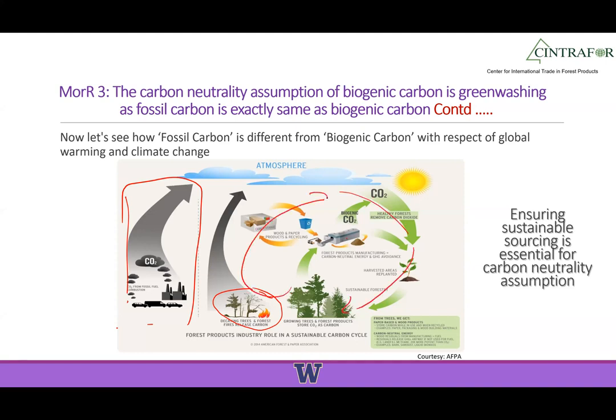And if this is balanced, then definitely fossil carbon is worse than biogenic carbon because it depends on the source. And as far as global warming potential is concerned, biogenic carbon, if that's coming from sustainably harvested forest, is carbon neutral.